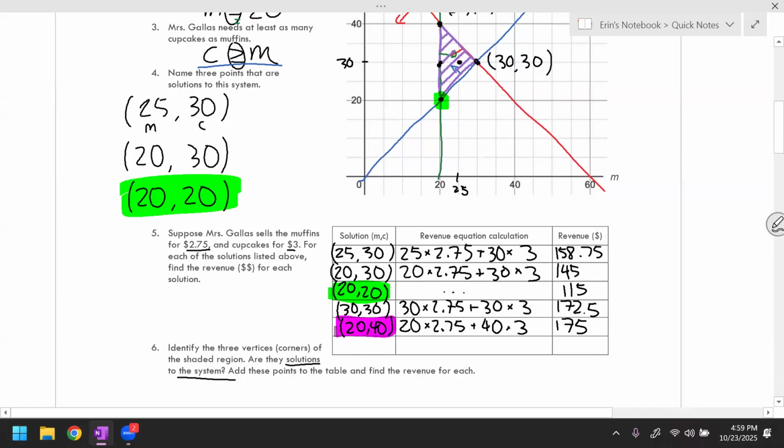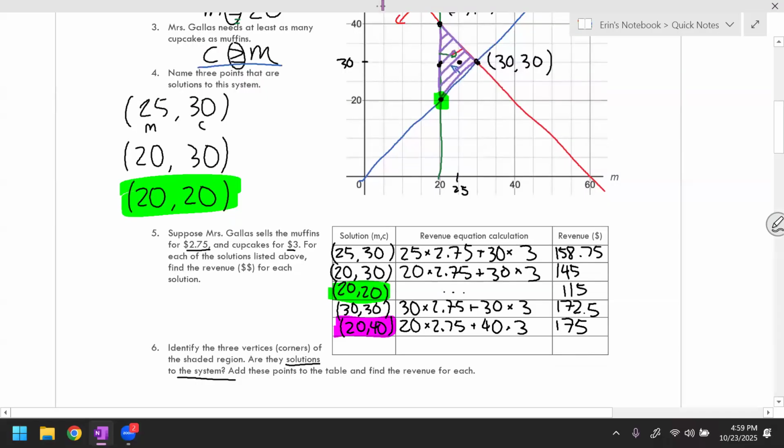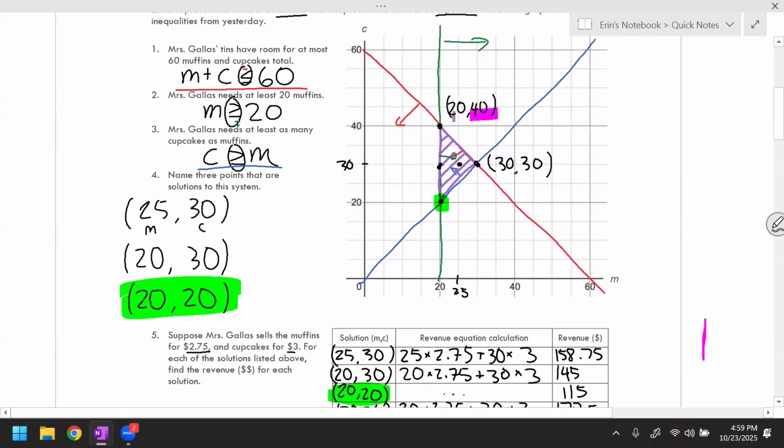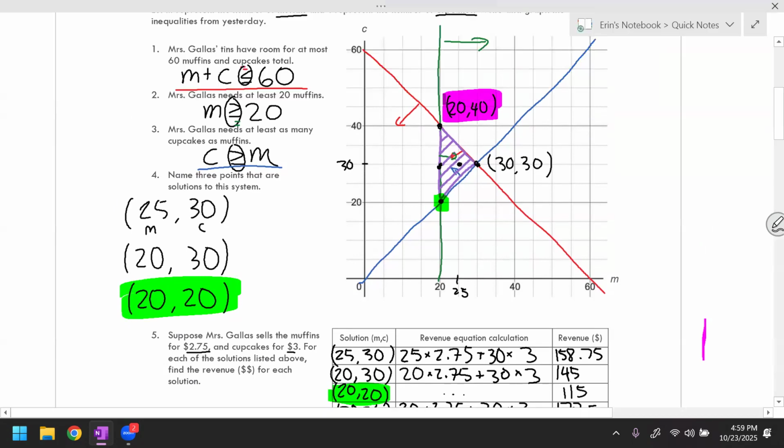And notice that that happens at a corner of the triangle. Okay, 2040. That's up here. Meanwhile, there's a third vertex over here, 3030.